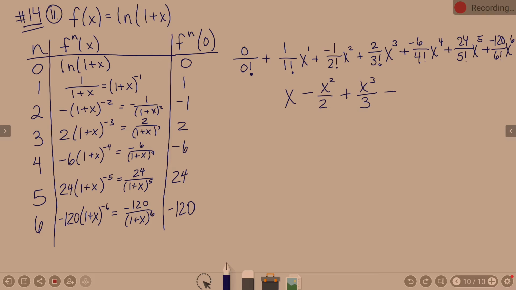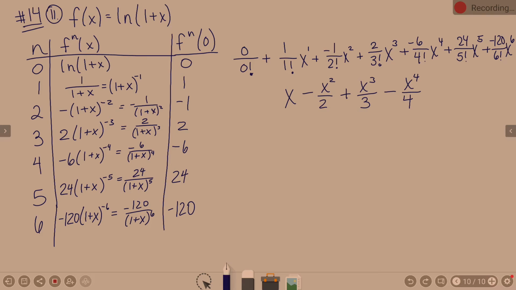My next one is negative, so I'm going to say minus 6 over 4 factorial. Well, 4 factorial should be 24. So 6 over 24 reduces to 1/4.